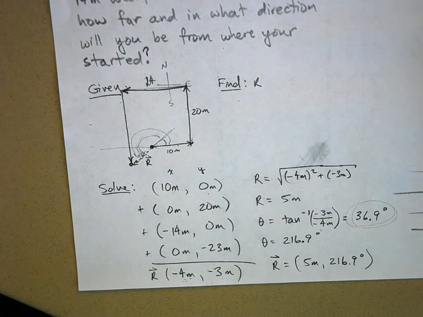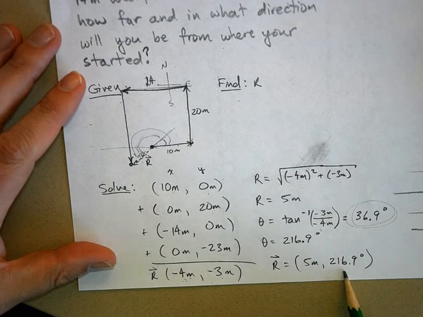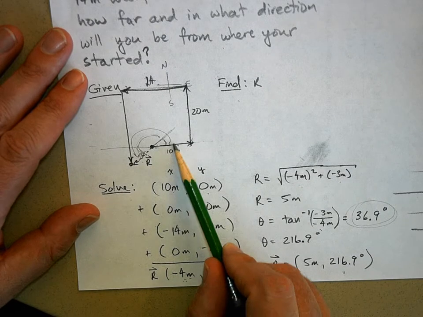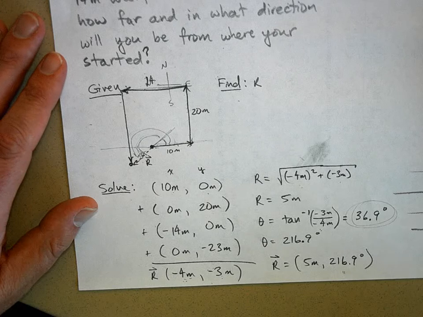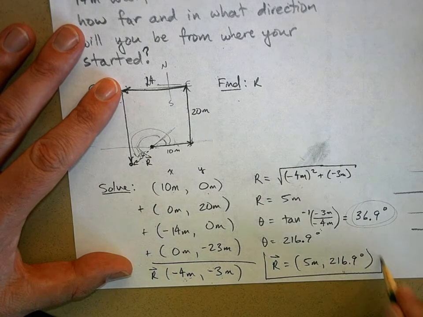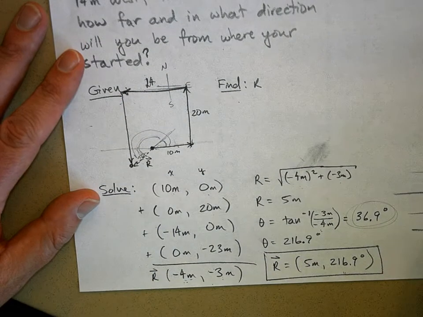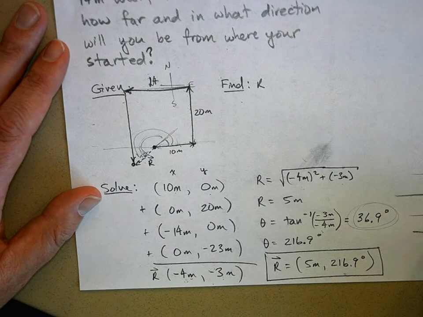That would have worked. I would give you full credit for that. But actually, what I really want is for you to put it in polar coordinates. In polar coordinates, we always say the angle is measured counterclockwise from the positive x-axis. So here's my answer, and we are finished with this problem.